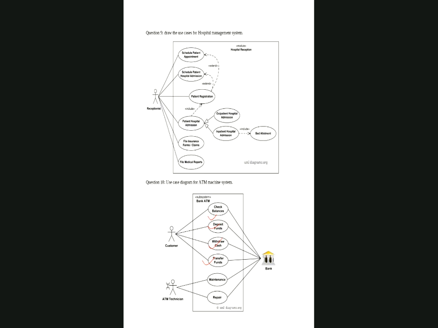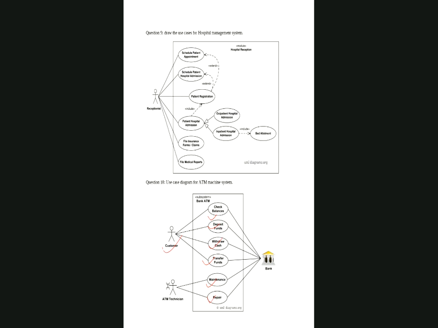But as a technician, he can do maintenance and repair of this ATM box. If a customer does this, security will come and catch him, saying you are a customer, you are stealing things. He cannot do that. So every actor has some responsibility. A customer can do only these things as a customer. An ATM technician can do maintenance and repair as an ATM technician.